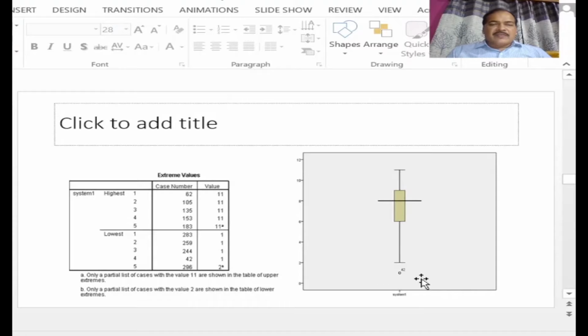With the help of this box plot, we can identify the extreme values or the outliers on both ends, on the higher end and the lower end as well.